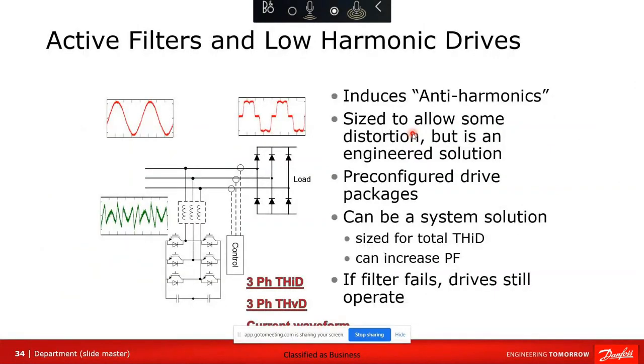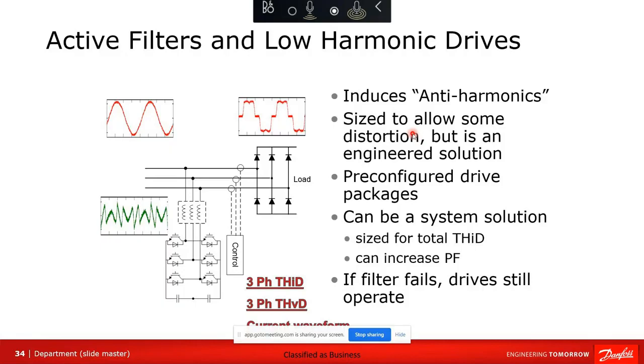So if a passive harmonic filter is equivalent, in an analogy, I guess, to the orange foam noise canceling earplugs, the active harmonic filter is equivalent to a noise canceling headphone. The active harmonic filter connects to the power inputs to the drive.